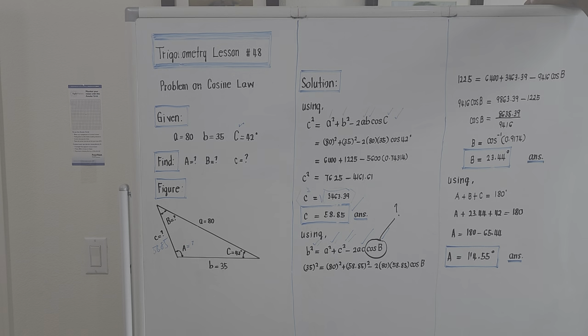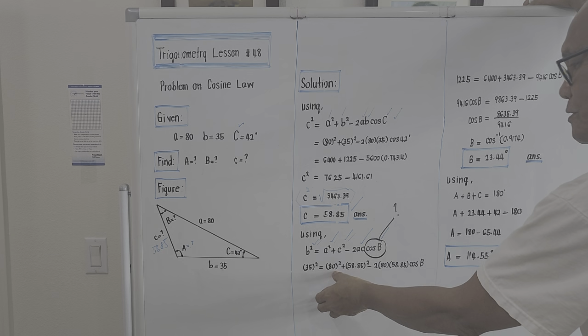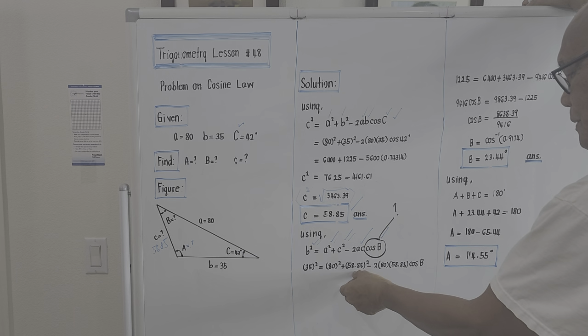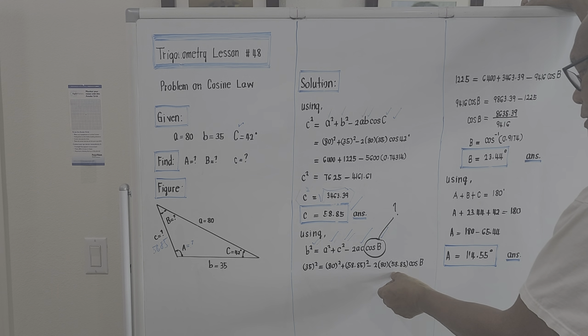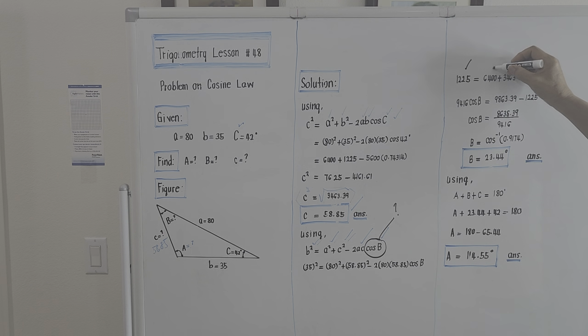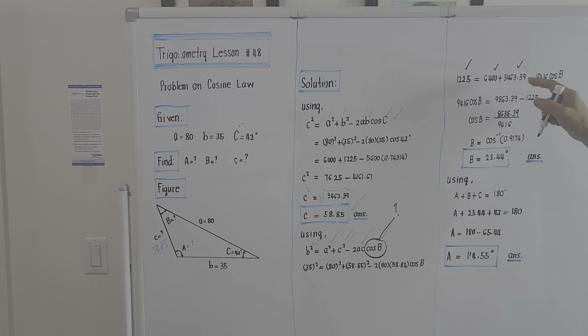So substituting values, B is 35 squared, equal to A, which is 80 squared, plus C, the computed value of C, 58.85 squared, minus 2 times A, which is 80, times the value of C, 58.85, times cosine of angle B. So this is now just a matter of simplification. 35 squared is 1225, 80 squared is 6400, 58.85 squared is 3463.39.